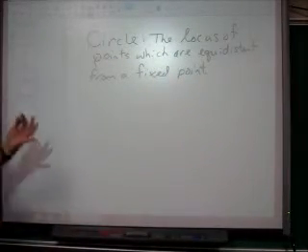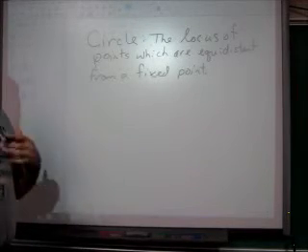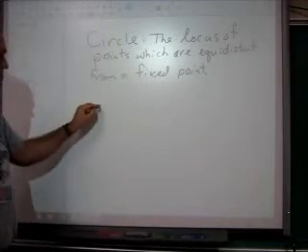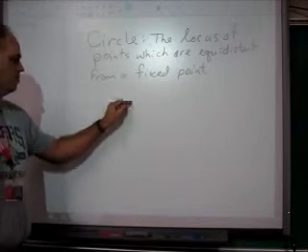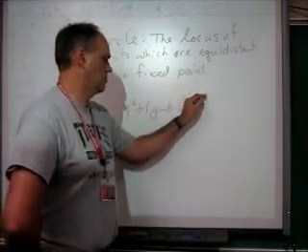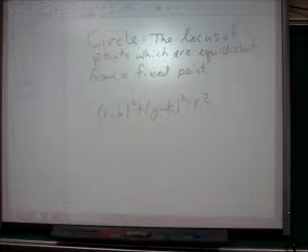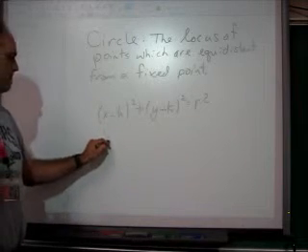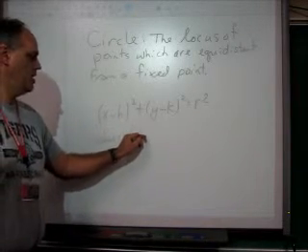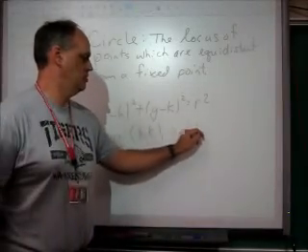And so when we work down here, we end up with an equation that looks like this. When we get all said and done, we form a circle in this format: x minus h squared plus y minus k squared equals r squared, where h comma k is the center.